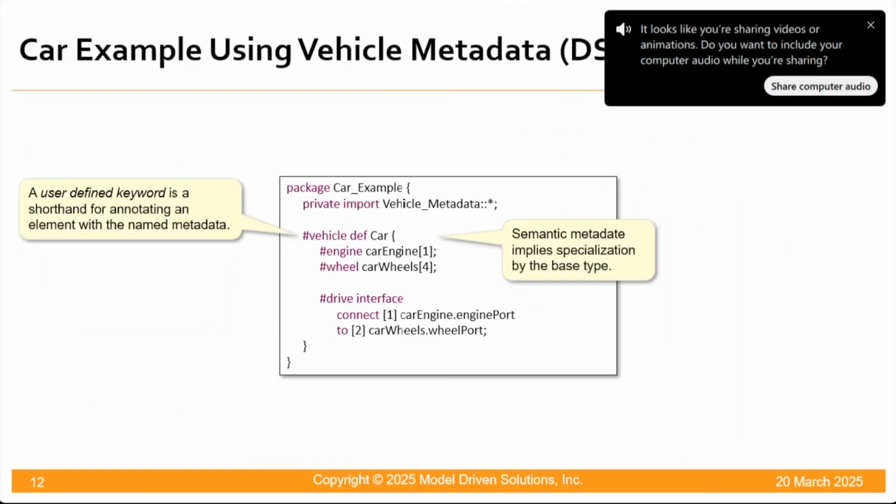You notice I actually left out that this is a kind of part def, this is a part, but I had to put that this was an interface. And again, that is because we are still riding on top of the existing V2 concrete syntax grammar. Interface has a special notation, the connect this to that, and the parser wouldn't know to use that unless you put in the interface keyword.